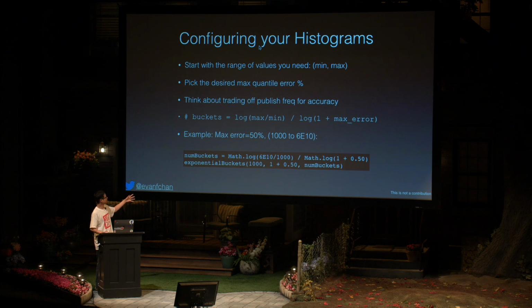As an example, let's say that I want my max error rate to be 50%. So what I do is I plug in the ratio of the max and the min. You take the log of that and divide by the log of 1 plus 0.5. And this gives you an answer of how many buckets you need. Then you feed it into the API, you say exponential buckets, and you feed it in. This is not very hard to do, and it's pretty systematic.